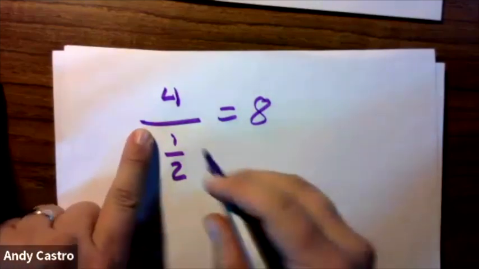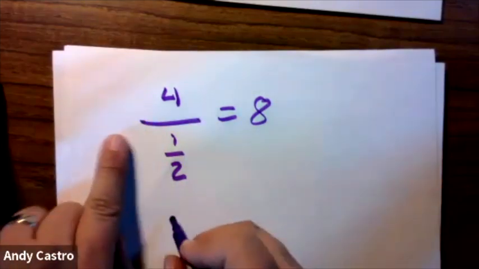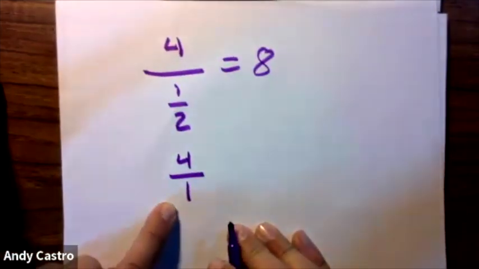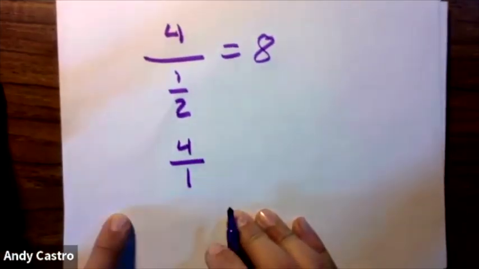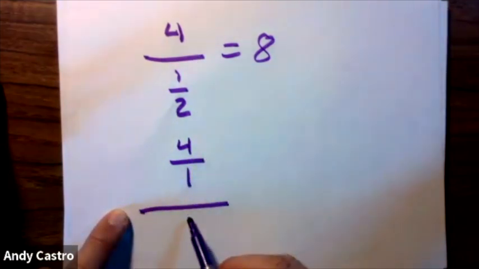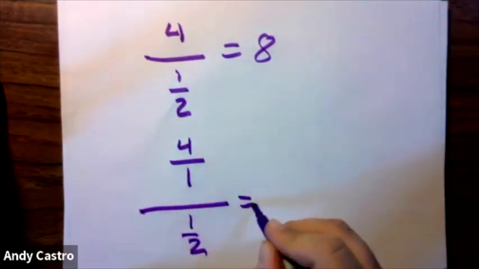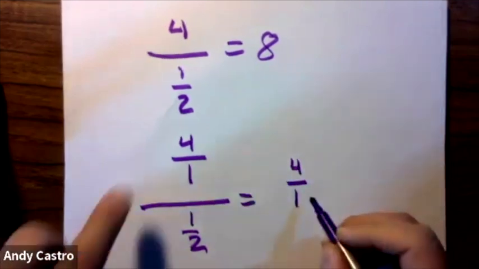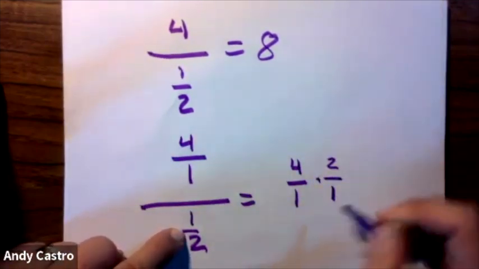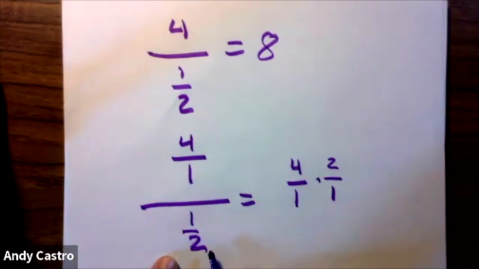Well, remember, any number you can represent as a fraction simply by putting it over the number 1. So 4 over 1 is how I'm going to represent 4, divided by a half. This is where we get the idea that we take the top number times the inverse of the bottom number.